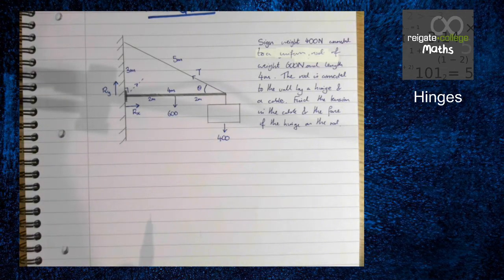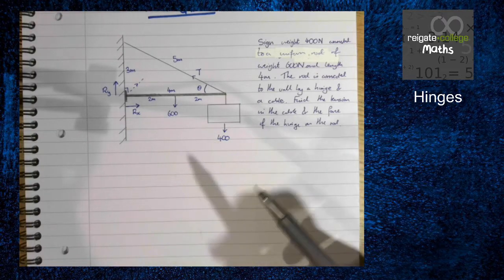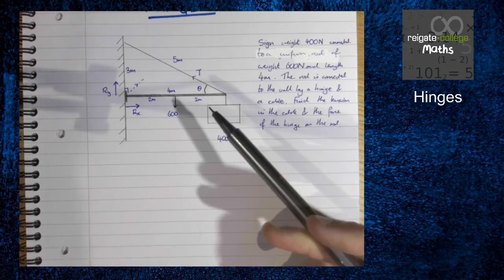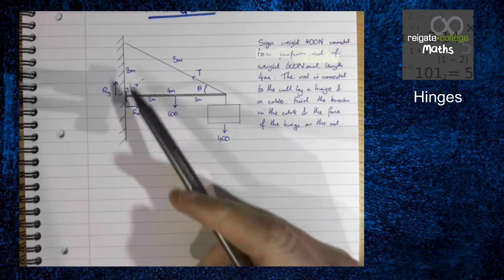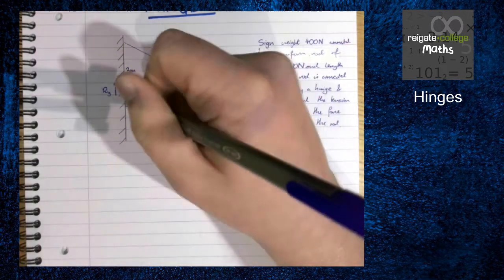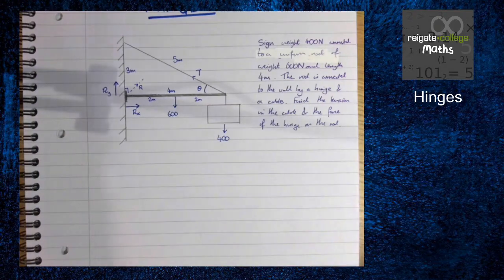We're going to take moments about the hinge so that we can work out the tension, and then we're going to resolve forces so that we can find these, and then eventually find this force R that's acting on the rod.